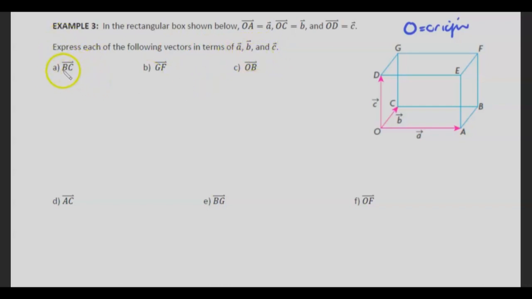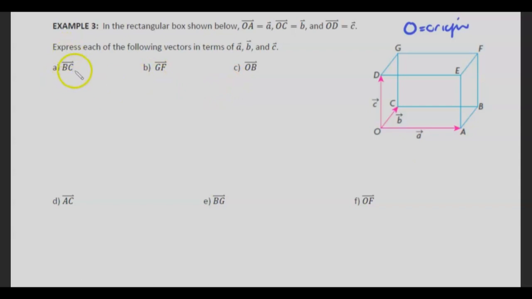So if we wanted to express BC, B is right here, and C is here. So this is the vector that we want to express. This is going to have the same magnitude as vector A, except it's going to be in the opposite direction.